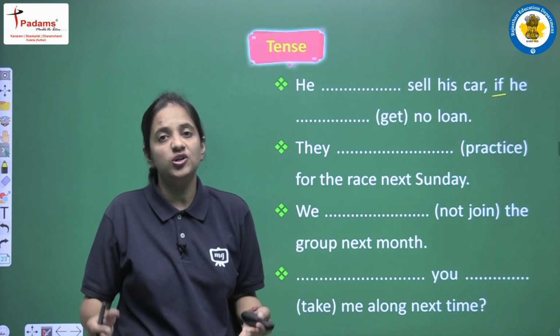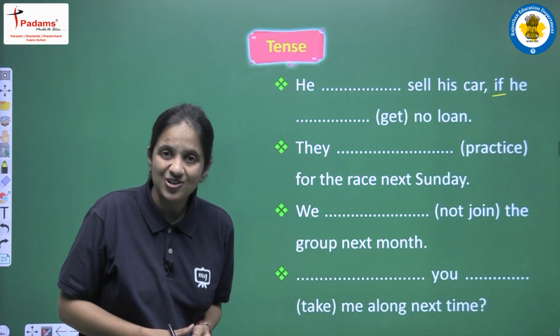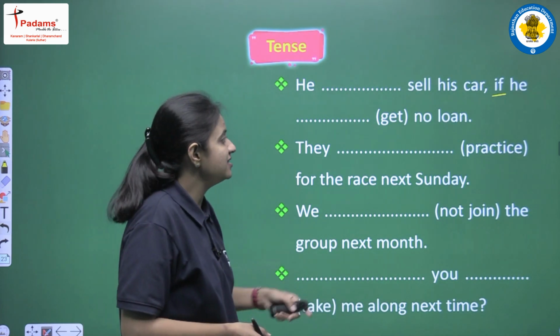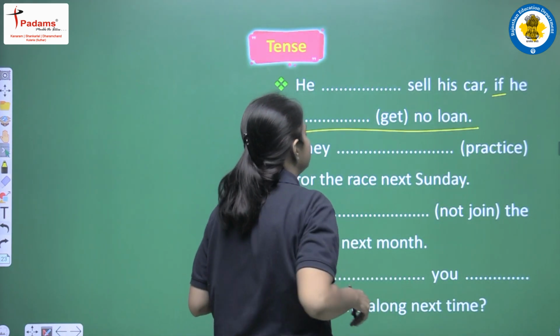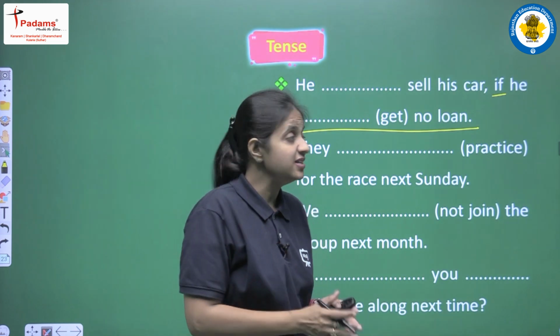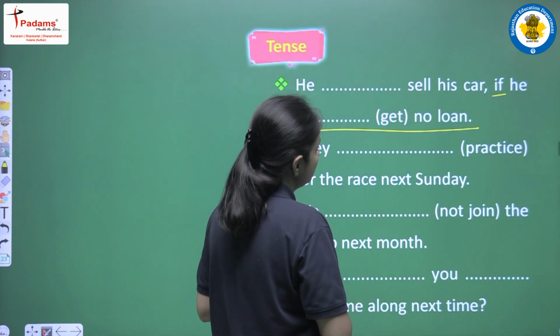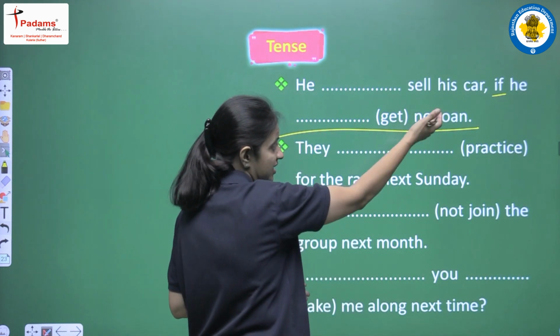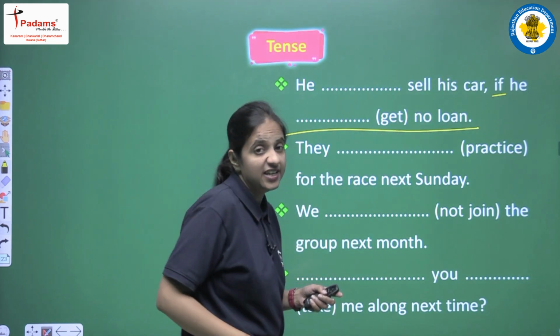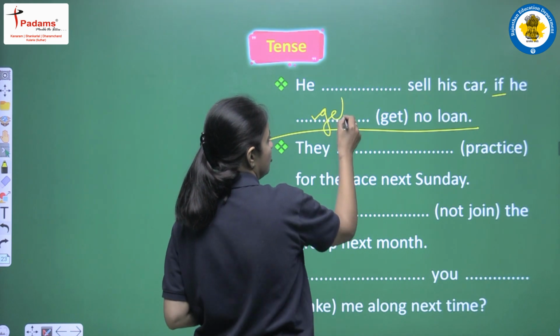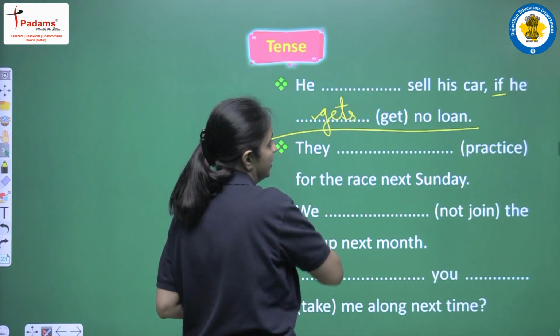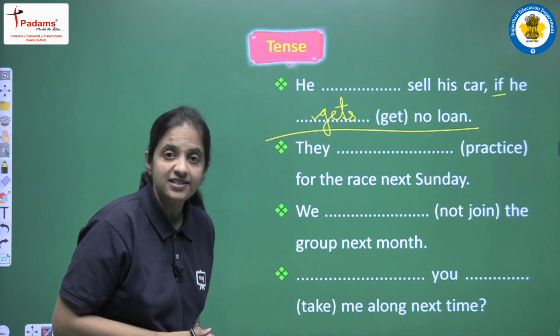So now we all know the structure, the combination of the conditional sentence, and in the structure, in the if clause we have to write using present simple tense. So present simple tense में हम क्या करेंगे? It is a positive sentence, right? And the subject is he, that is a singular subject. So for a singular subject we have to write first form plus s or es. So we will write gets here.